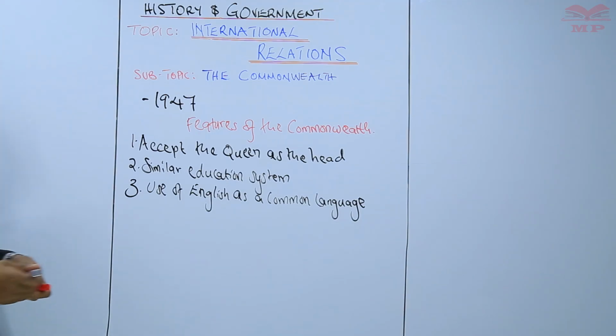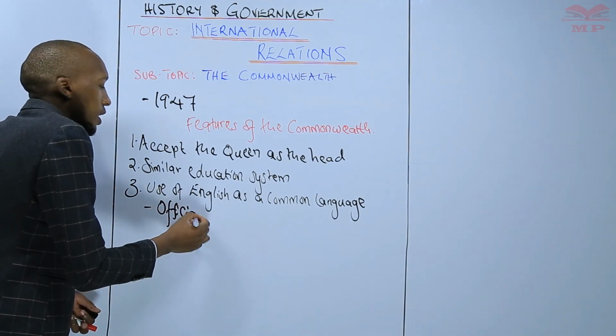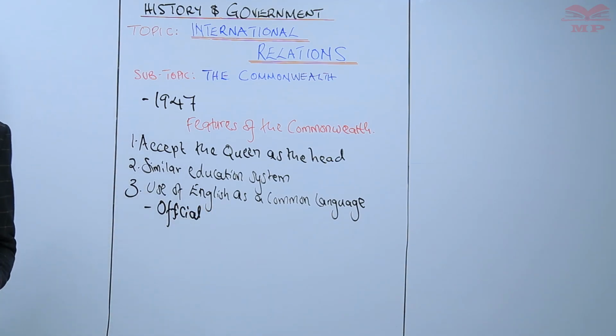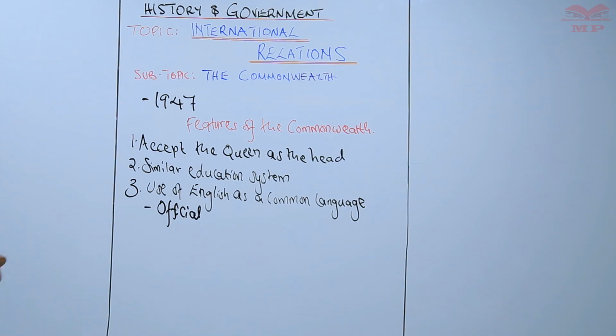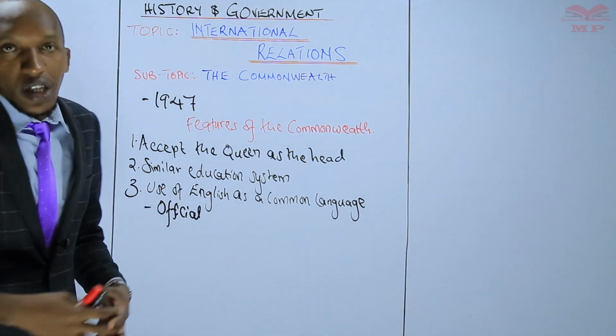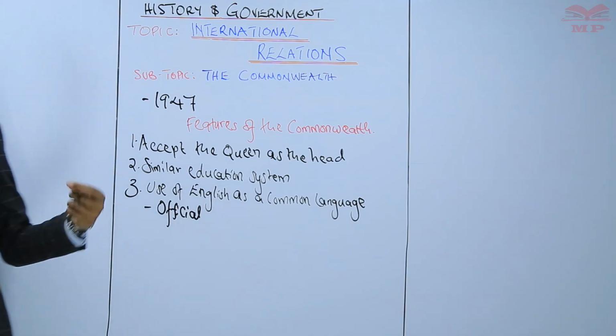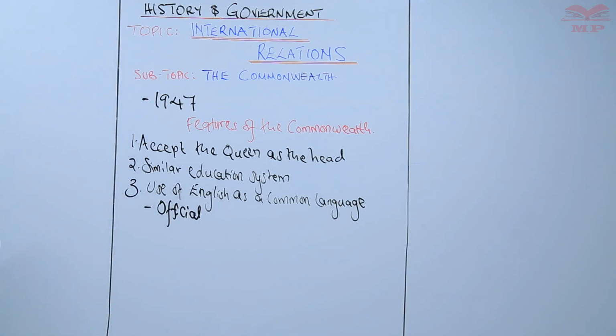Actually, it is used as the official language. Though the nations may have other languages that are spoken, the official language of the Commonwealth countries is English. So they have English as the common language.